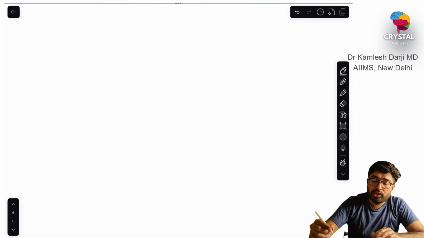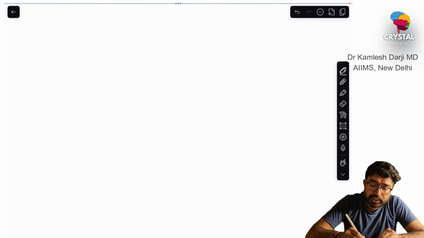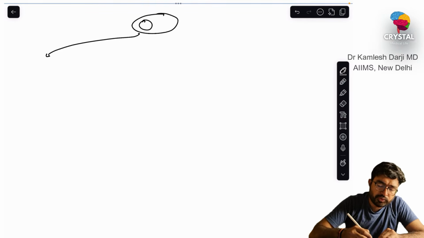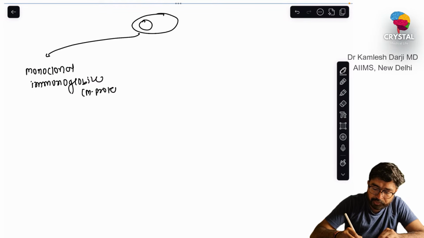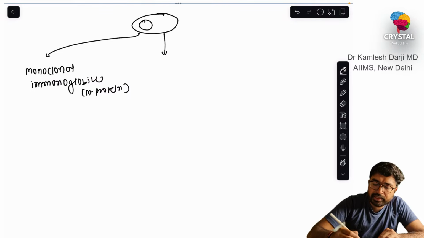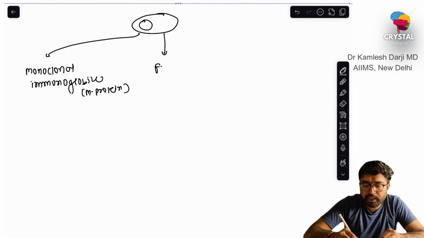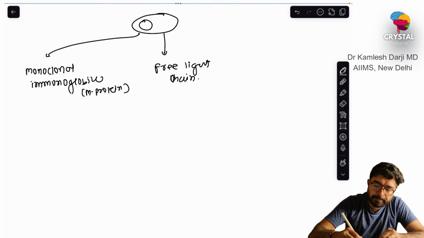You will see, first of all, these plasma cells are producing some kind of monoclonal immunoglobulin, also called M protein. Next, it will produce your free light chain.